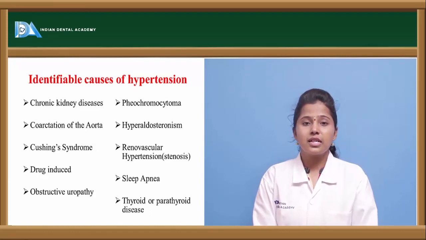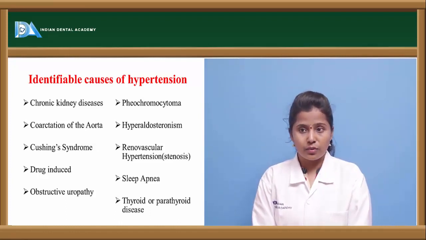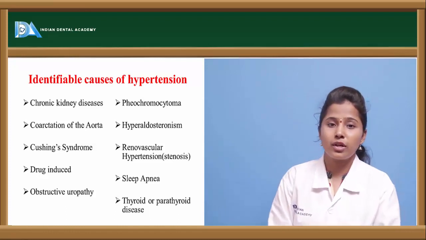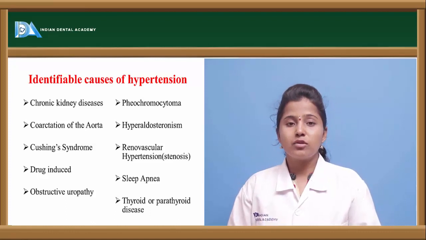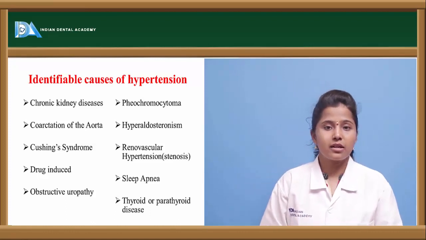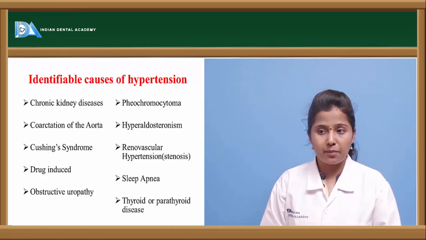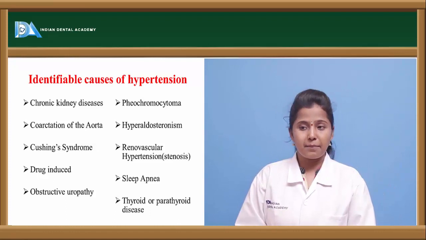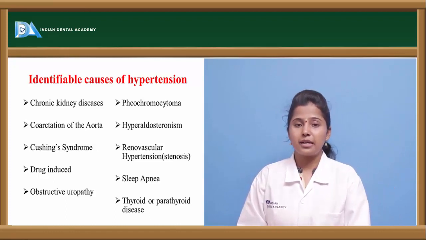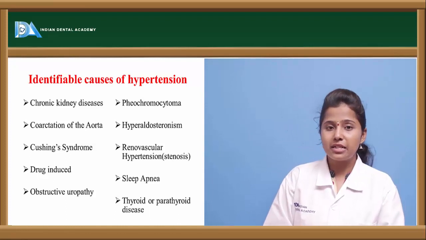Pheochromocytoma is when there is a tumor in the adrenal gland. And hyperaldosteronism is when the aldosterone levels are increased, or aldosterone secretion is increased. And renovascular hypertension, that is renovascular stenosis, and sleep apnea, and thyroid or parathyroid diseases. These are all the causes which lead to hypertension.